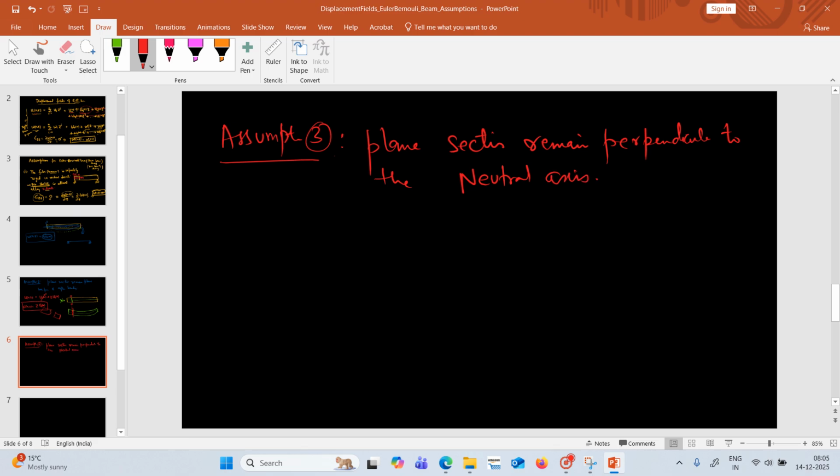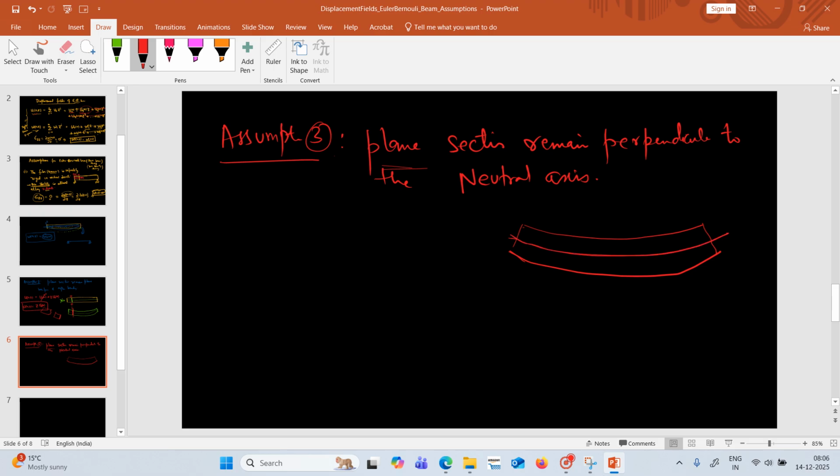Okay, so plane sections remain perpendicular to the neutral axis. What does this specify? That if the beam bends, what is happening? The plane section which was there, when it was a beam having some thickness, after bending, this is the neutral axis.